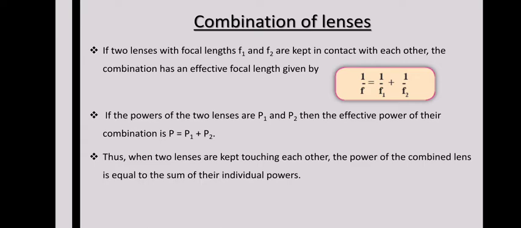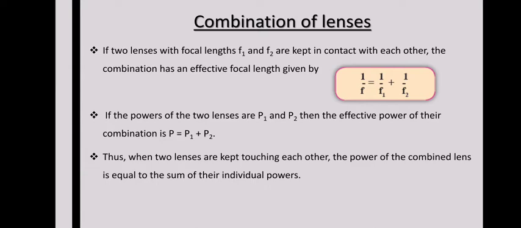Now combination of lenses. What will happen when you combine different lenses? If two lenses with focal lengths f1 and f2 are kept in contact with each other, the combination has an effective focal length.